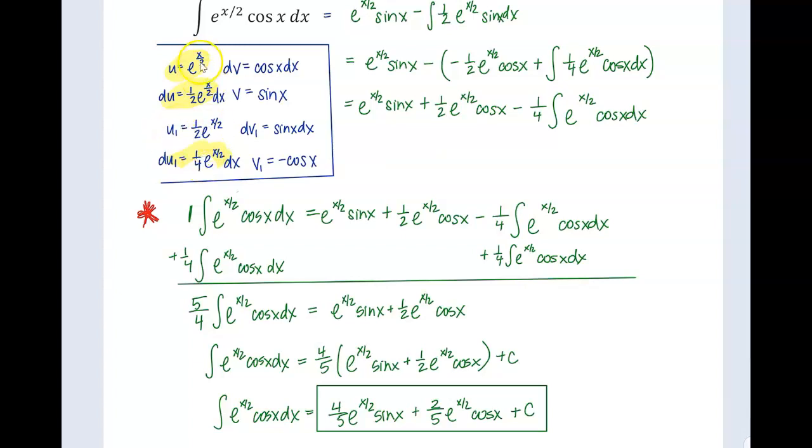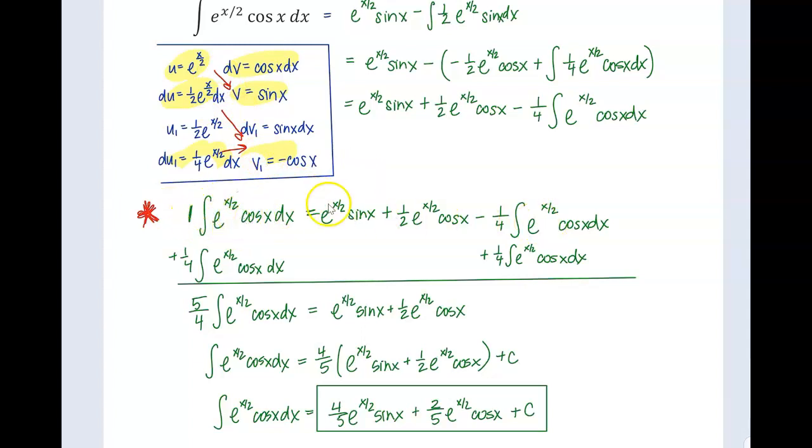So we have 2 derivatives, and then we started with our dv as cosine x, the antiderivative there was sine, and then the next antiderivative was negative cosine. And so we can start to do this work with diagonals, but once we go horizontal, that becomes an integral. So let's focus on this equation right here.